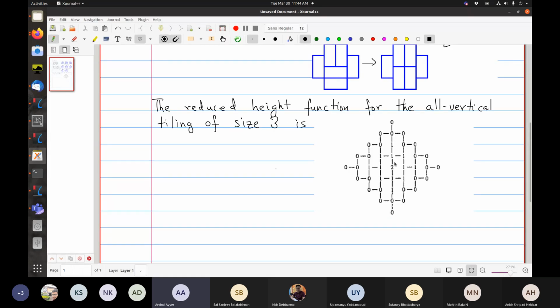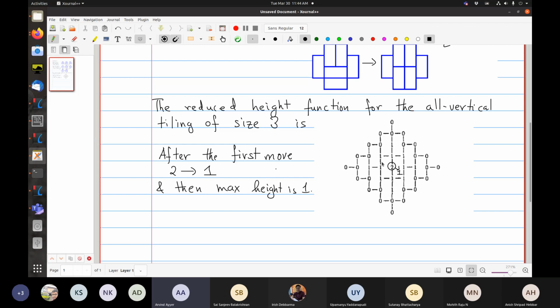So, but then what do you do? After the first move, this 2 goes to a 1, and then maximum height is 1. Then what do you do? You can't pick any vertex and reduce the height.